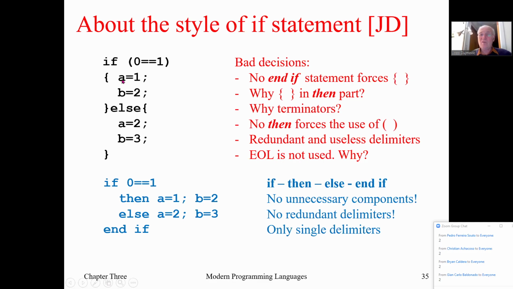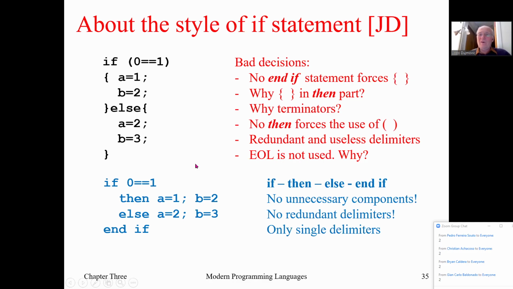So this is the then part. Then you have else, and then you have a pair of braces here. a is 2, b is 3, and this is the way you must write this in C++. Okay. Now, this is an exhibition of ultimate bad taste. It is wrong, wrong, wrong for many reasons.